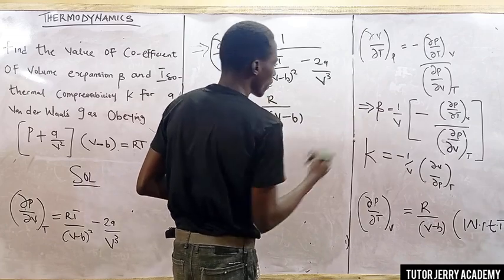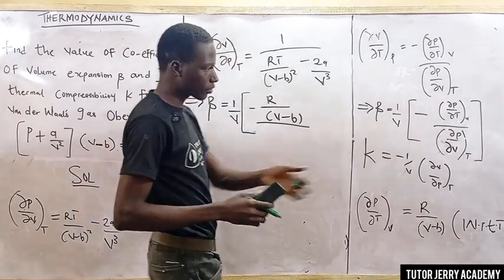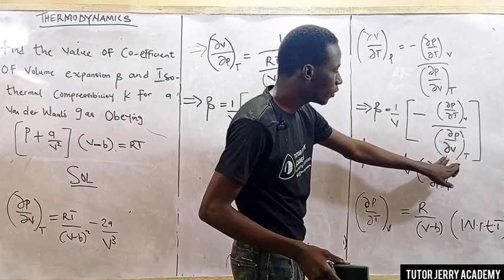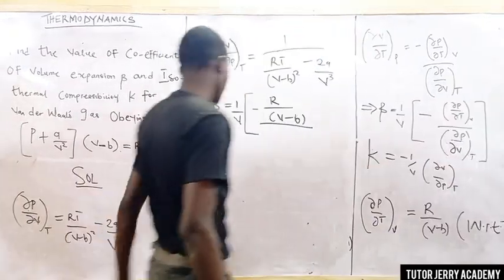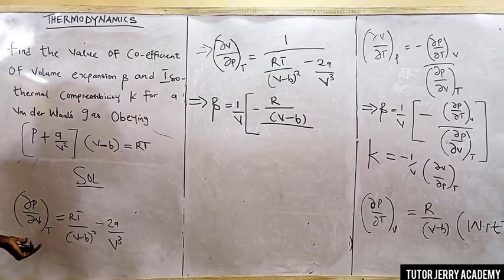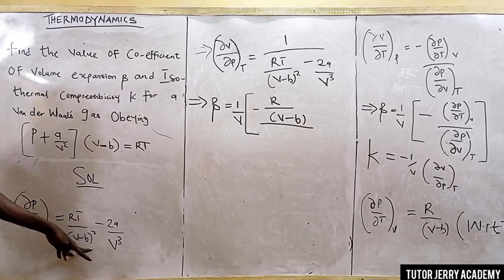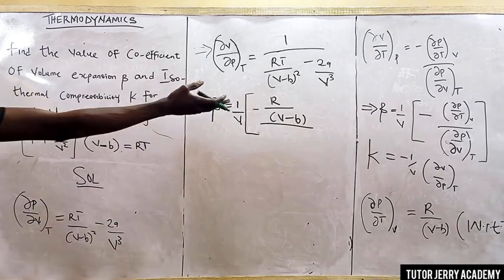Similarly, we are going to substitute the partial of P over V at constant T, which is this, into that equation.